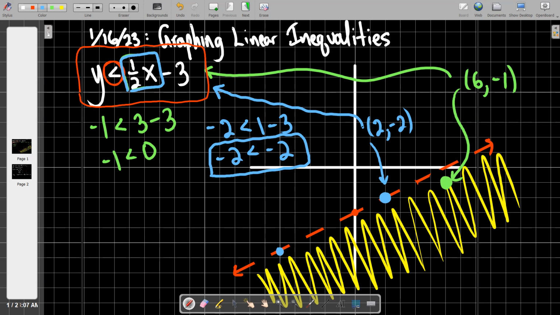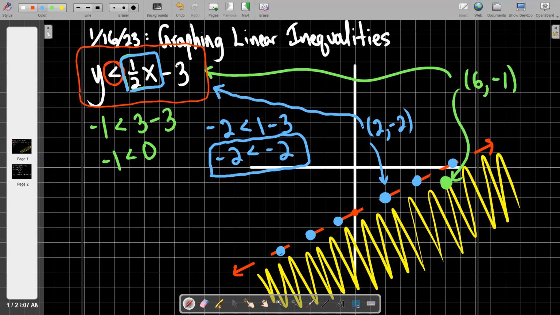I could pick this point, this point, this point, this point. Any one of these blue points is going to return the same thing. A number is less than itself, which is 100% false for this line. You agree? So that's why this line is dashed and not solid.